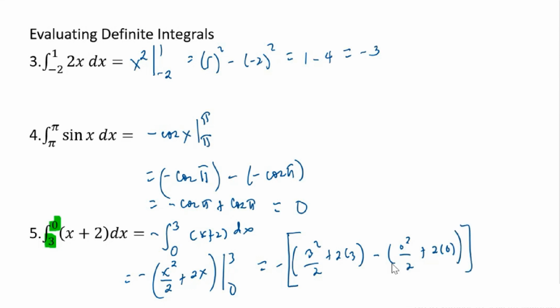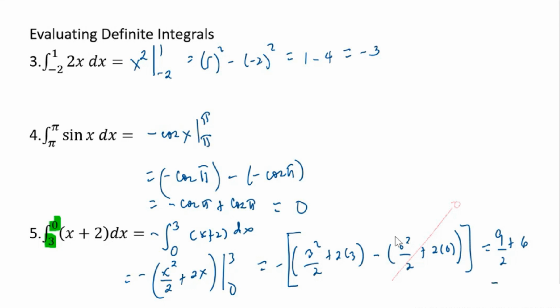All right, so on the second term, 0 squared is 0, over 2 is 0, plus 2 times 0 is 0. That's why we just cancel that one. And we have 3 squared is 9, over 2, so 9 over 2 plus 2 times 3, which is 6.